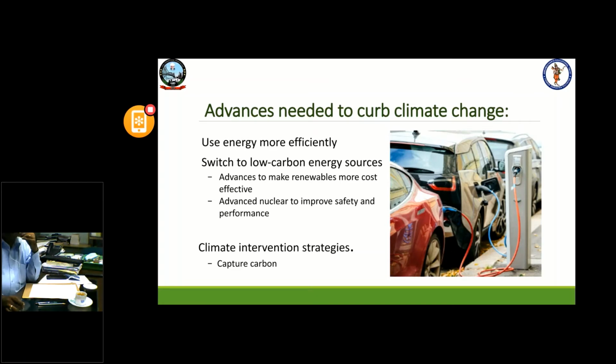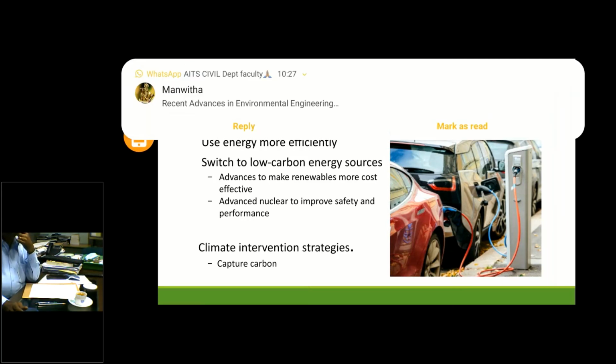Here, the advances needed to curb climate change are to use energy more efficiently and switch to low carbon energy sources. We have to make advances to make renewables more cost effective, and advanced nuclear to improve safety, and climate intervention stages. You have the strategy of capturing carbon.